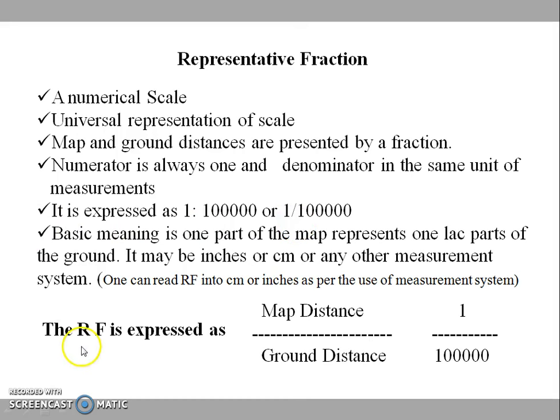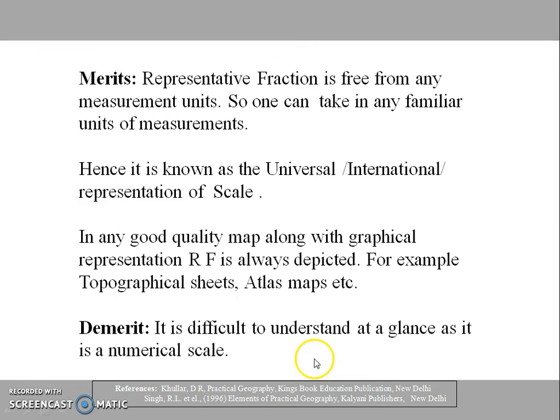Taking the given example, basic meaning of the RF is one part of the map represents 1 lakh parts of the ground. It may be inches in case of a British system of measurement or centimeters in metric system or any other foreign measurement system. The RF is expressed as map distance divided by ground distance.